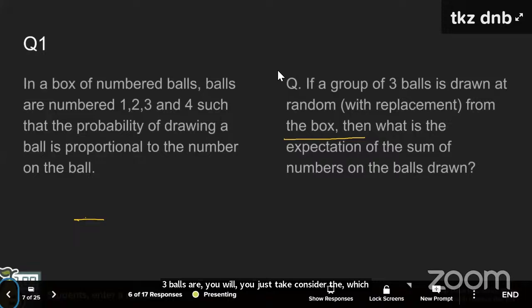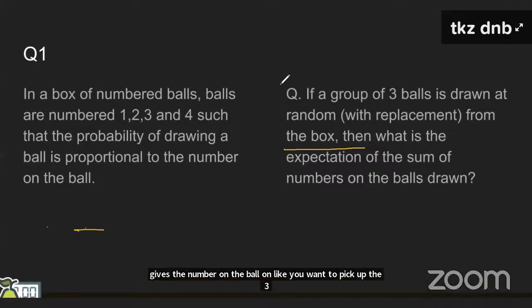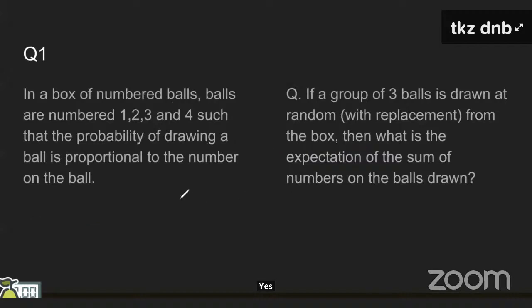You want to pick up 3 balls, so you just have 3 random variables, 1, 2, 3, and you calculate what values X1 can take, what values X2 can take, and what values X3 can take.